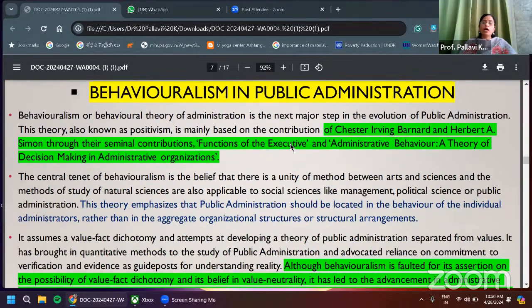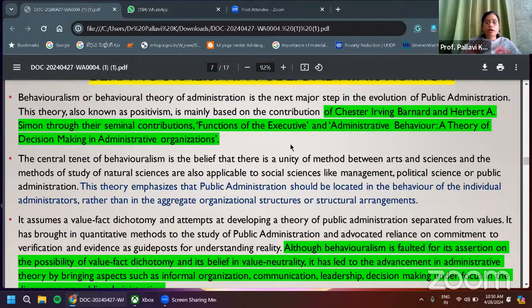Then comes behavioralism in public administration. This was another important behavioral theory in public administration. In the evolution of public administration, there are several contributions, like those by Barnard and Simon, through the books they wrote, The Functions of the Executive and Administrative Behavior. Simon discussed decision making.